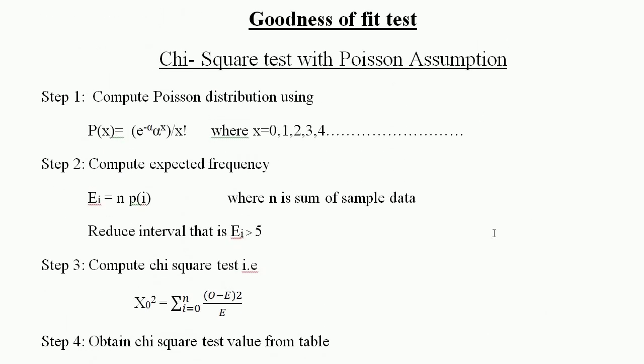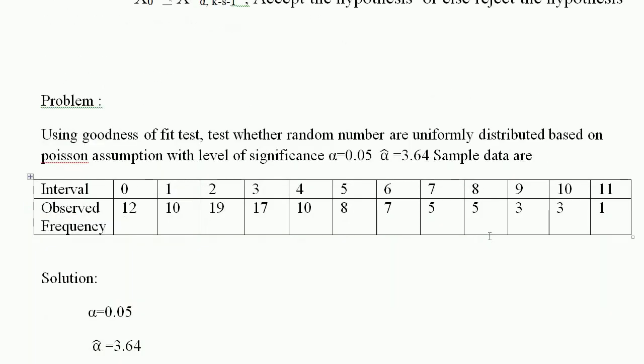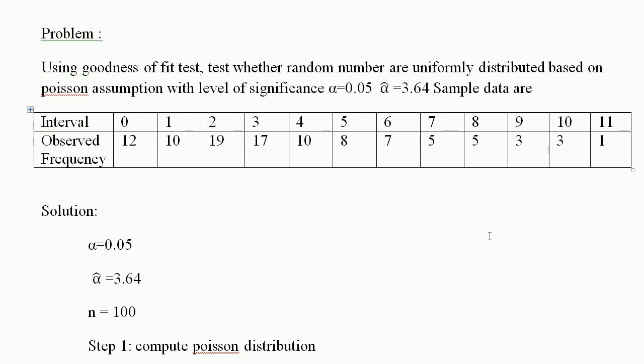So now let us see a problem based on this chi-square test on the Poisson distribution. Using a goodness of fit test, test whether the random numbers are uniformly distributed based on a Poisson assumption, with a level of significance alpha equal to 0.05 and alpha cap equal to 3.64.